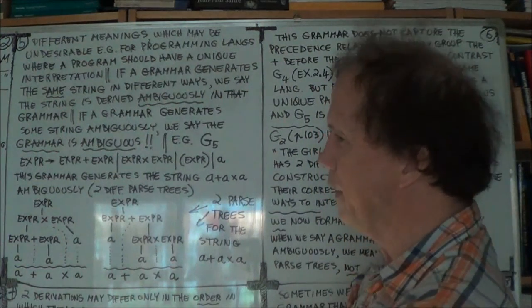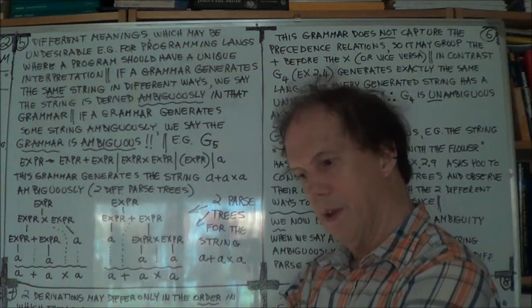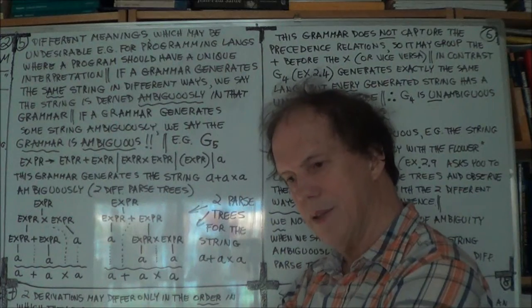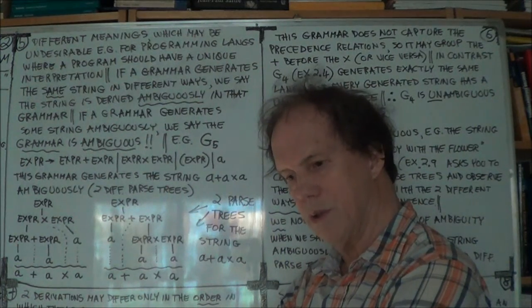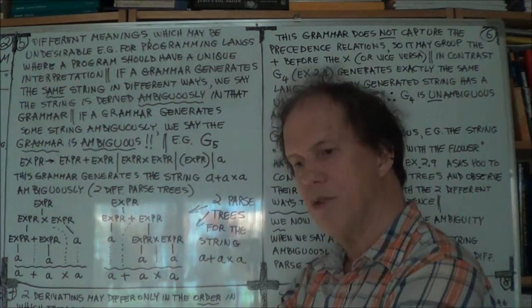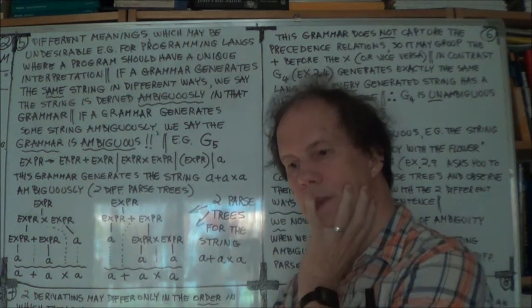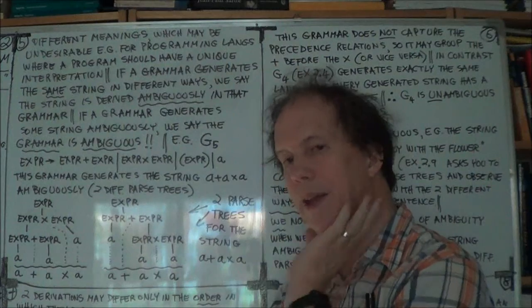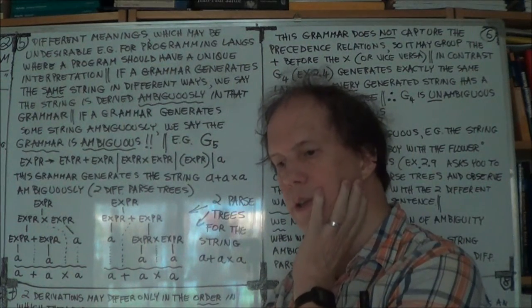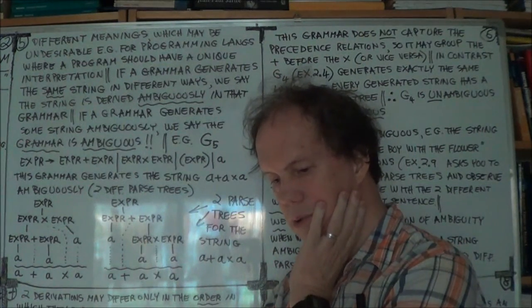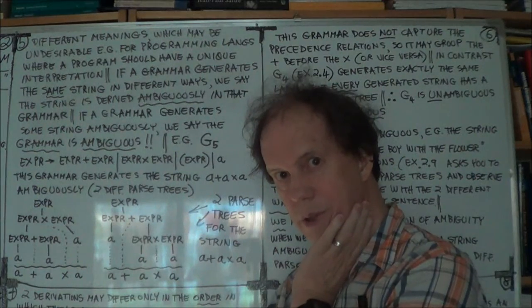All right. Now, okay. So ambiguity is when you have the same string with two different parse trees. You say that a grammar itself is ambiguous if that grammar can generate a string with two different parse trees. Okay?